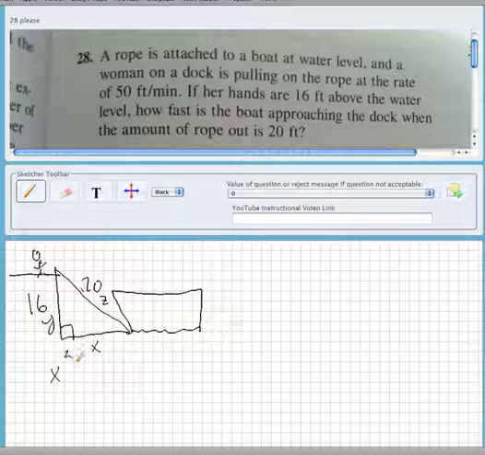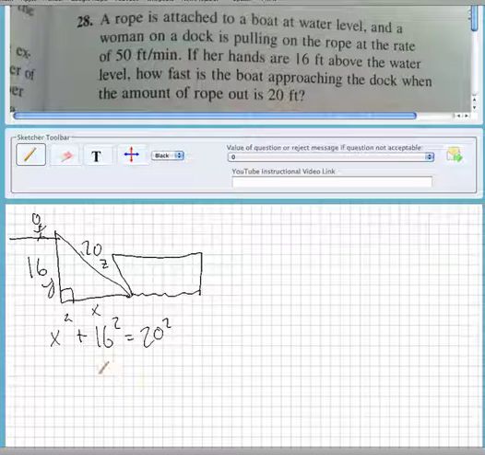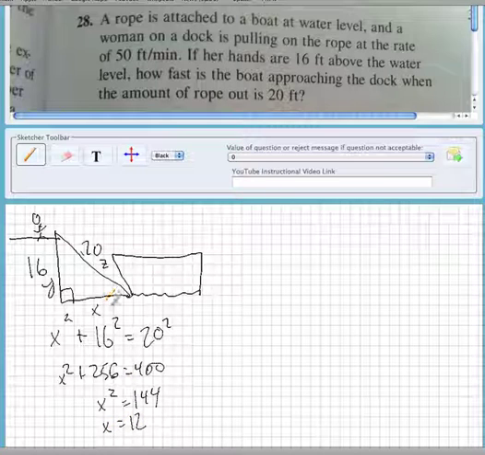So x squared plus 16 squared equals 20 squared. And that's just going to be 256 plus x squared equals 400. So x squared equals 144, x equals 12. So at this moment that we're trying to find, x equals 12.